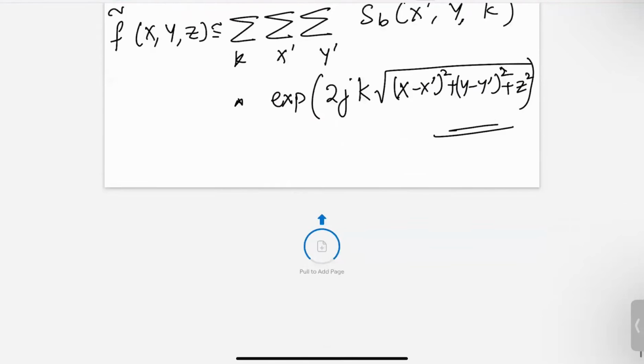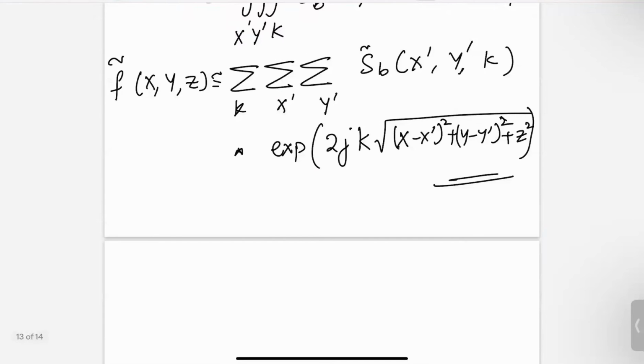That's it. So essentially, we've shown that time domain correlation and back projection have the same mathematical expression, once you have the right signal model, right?